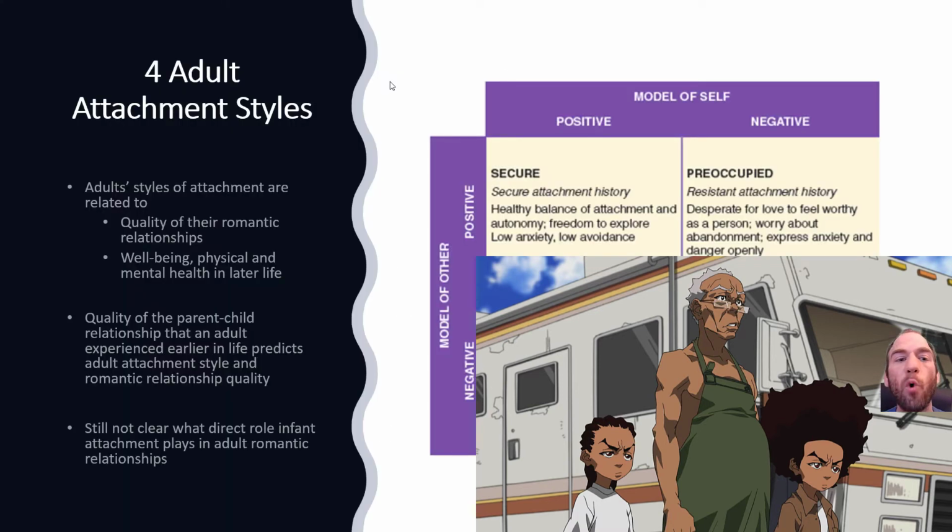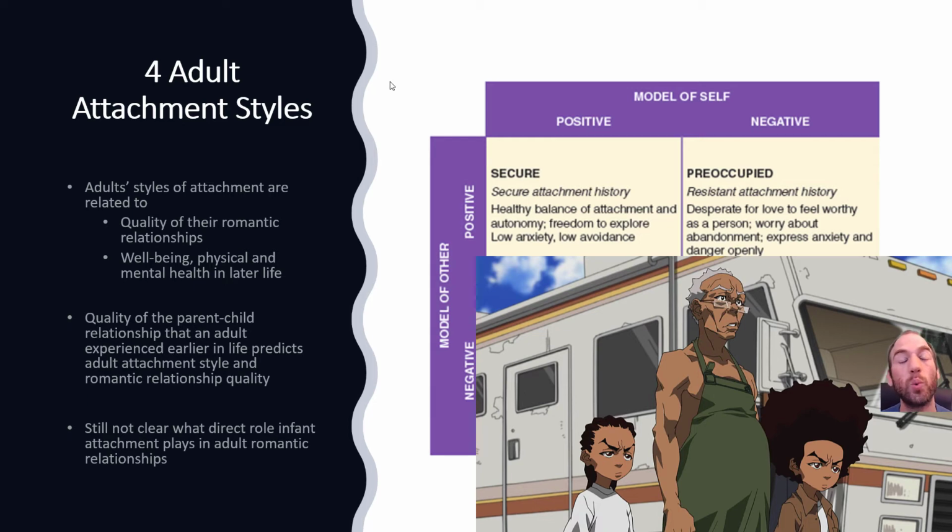There are theorized to be four adult attachment styles: secure, preoccupied, dismissing, and fearful. Adult styles of attachment are related to the quality of romantic relationships, well-being, physical and mental health, and later life developmental outcomes. The quality of the parent-child relationship that an adult experienced earlier in life predicts adult attachment styles and romantic relationship quality. It's still not clear, however, what direct role infant attachment plays in adult romantic relationships, because as we talked about throughout this class, development has all these different interactive factors going on all the time, across decades.